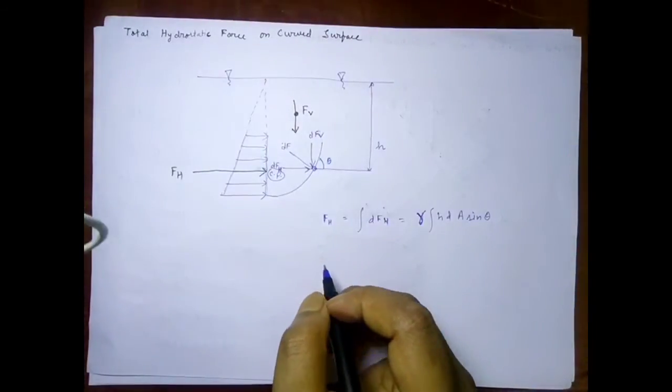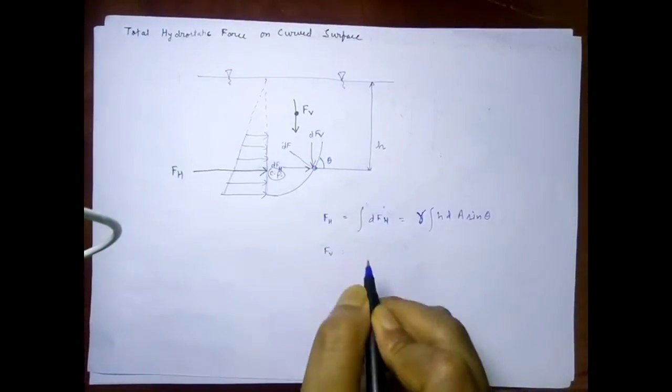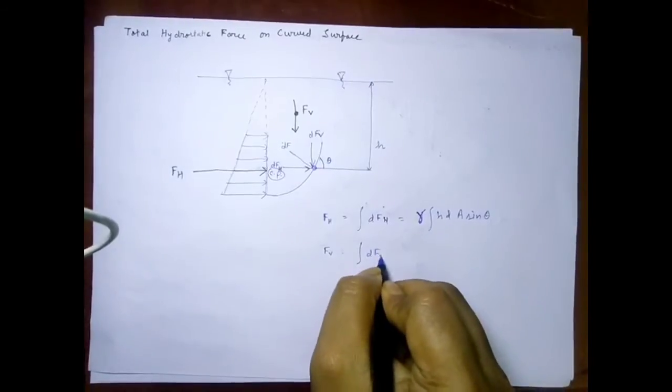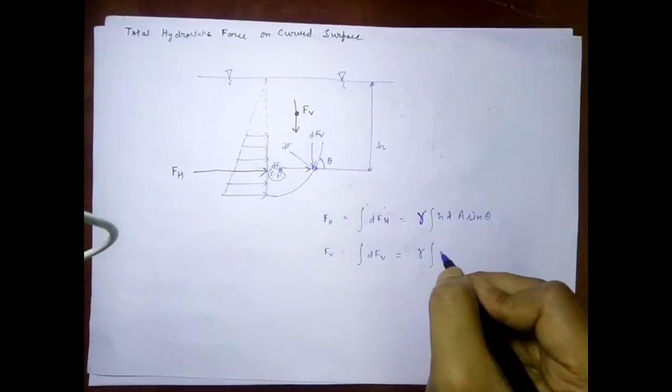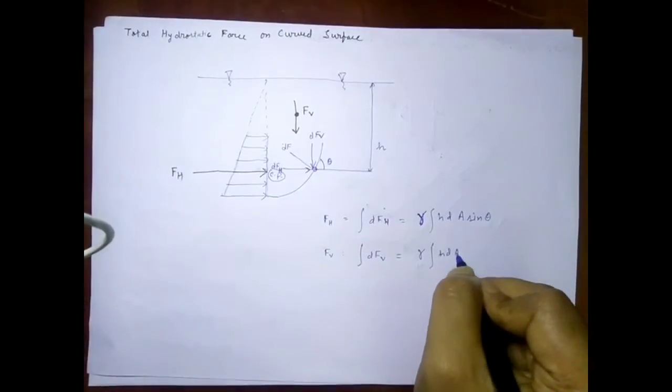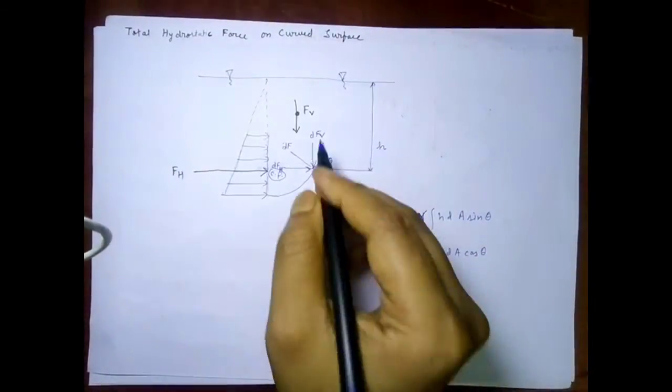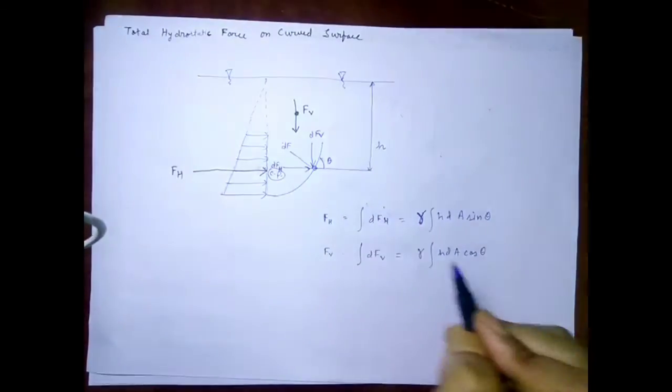And we also have Fv, that will be the integration of dFv, and that will be equal to gamma integral of h dA cos theta, because the vertical component will be cos theta.